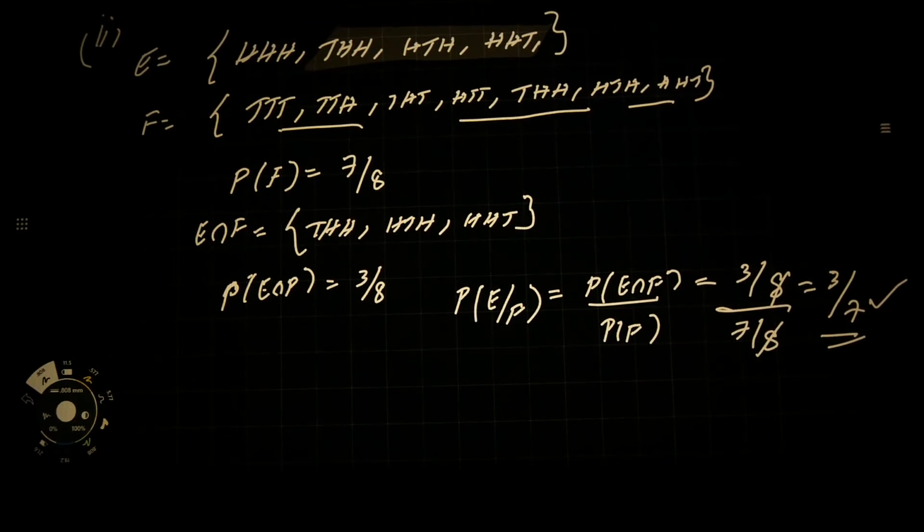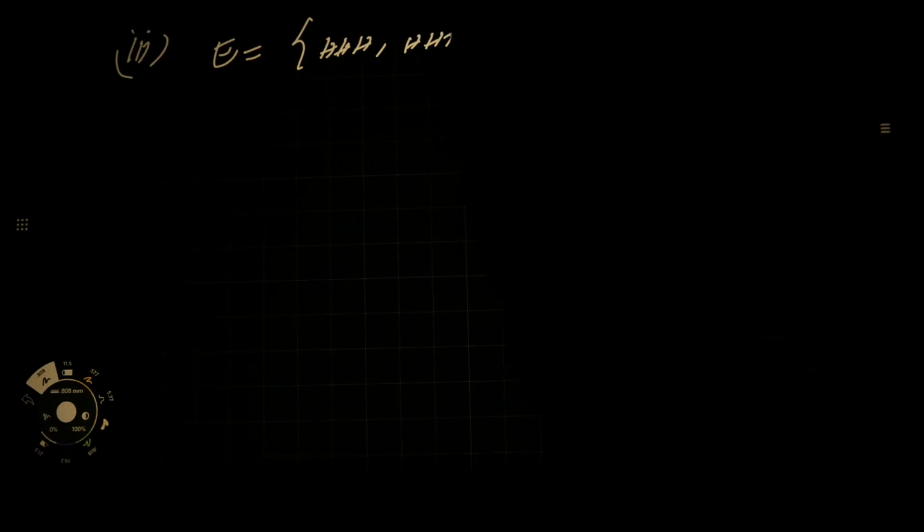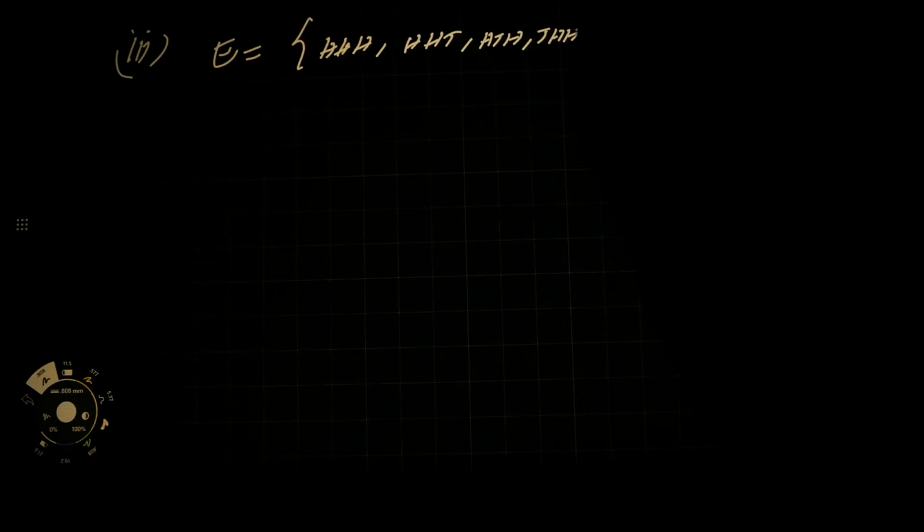Let's go to the third part. In the third part, E is given as a condition where you can have at most 2 tails. So you can have no tail, or 1 tail, or a maximum of 2 tails.